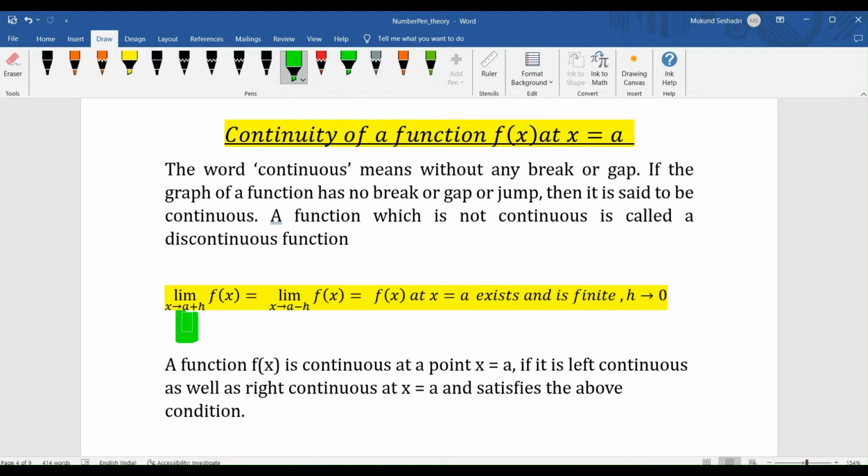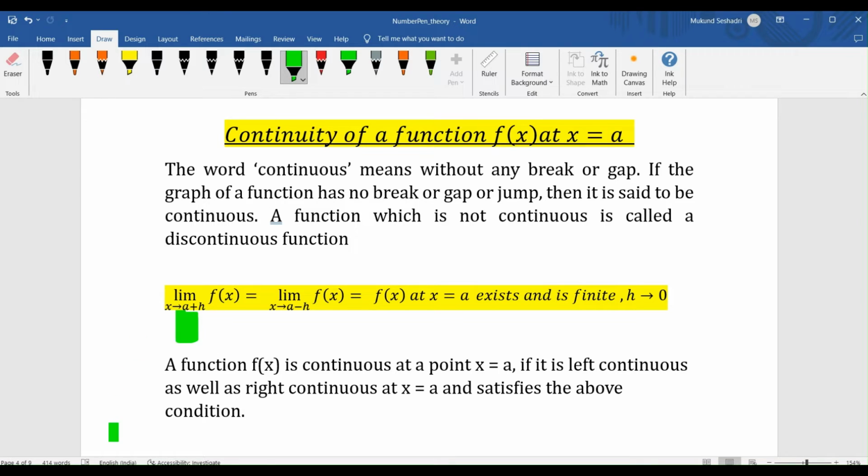I hope you're able to mentally visualize this, right? So I'll repeat this again. When I take a point to the left of a, which is very close to a, and when I take a point to the right of a, which is very close to a, still tending to a, which is what we represent as a minus h and a plus h, and call them limits because h is infinitesimally small, tending to zero, that becomes equal to f of x at x equals a, which means it is equal to f of a.